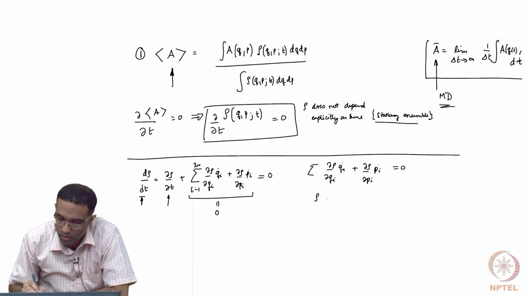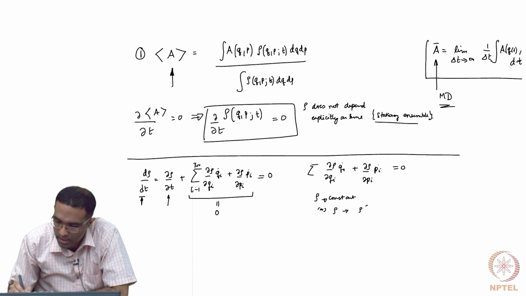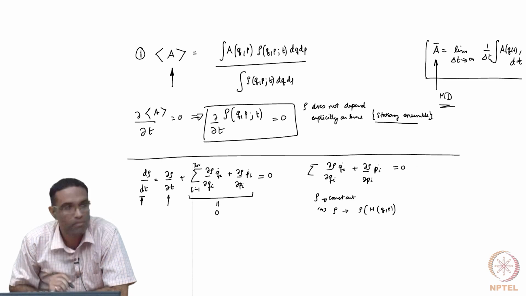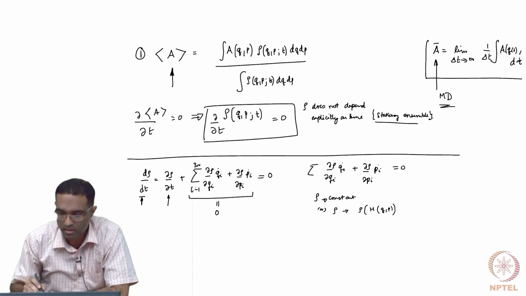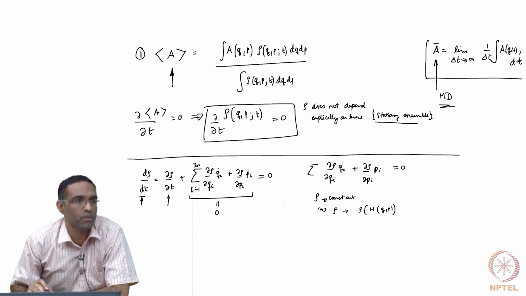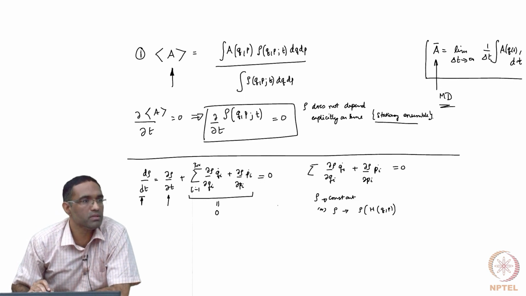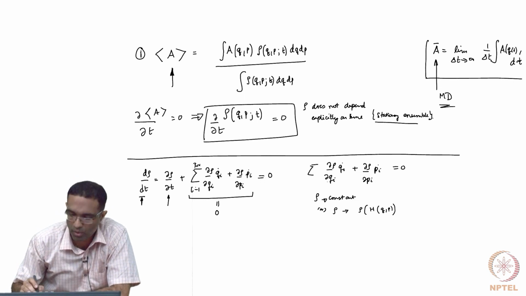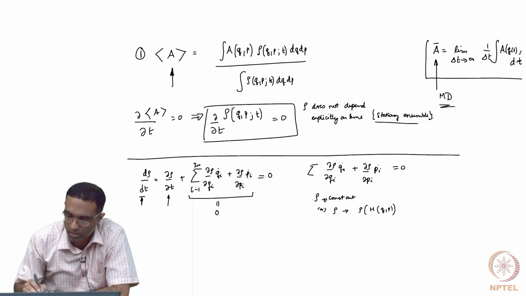We said that rho can either be a constant, or if rho happens to be an explicit function of p and q only through the Hamiltonian, even then this turns out to be 0. Remember this? So these are the two conditions for which this term turned out to be 0.